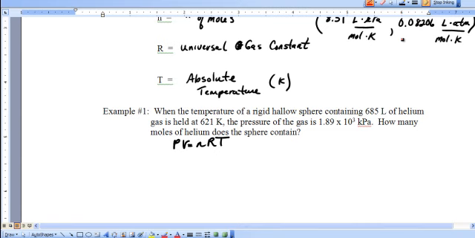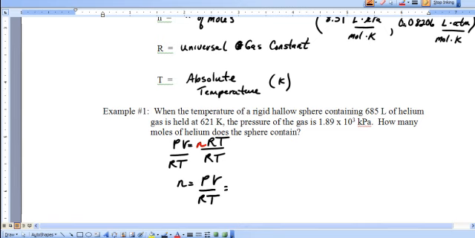We're looking for the number of moles, so I'll go ahead and color that in red. And so now we're going to divide both sides by RT, and what you're left with is n equaling PV over RT. And now you simply can plug in your units and solve for n.